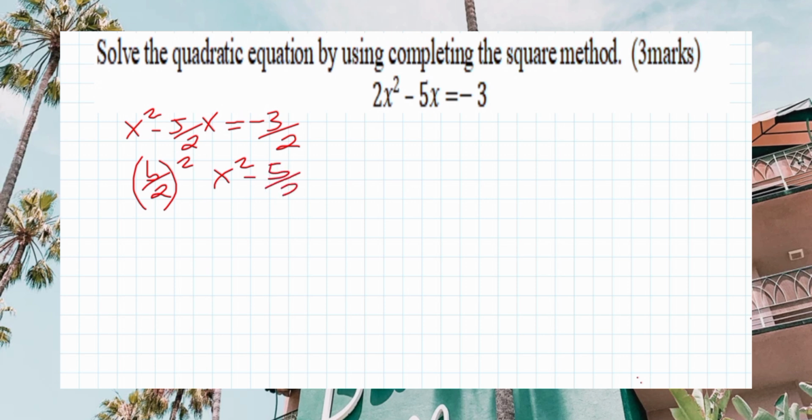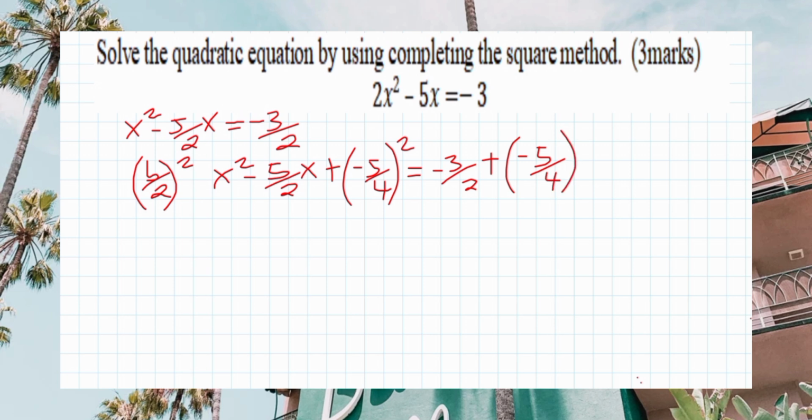And so on the left hand side, we are going to be adding negative 5 out of 4 squared. And mathematically, to balance the equation, whatever you do to the left-hand side, you must also do it to the right-hand side. So your equation is going to look like that.